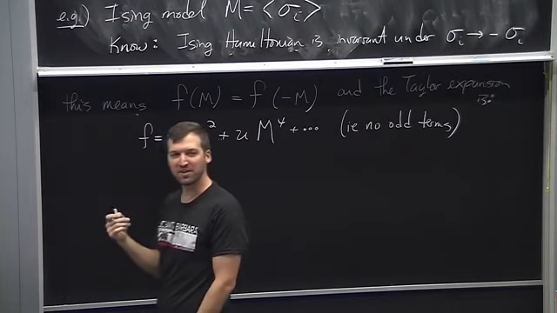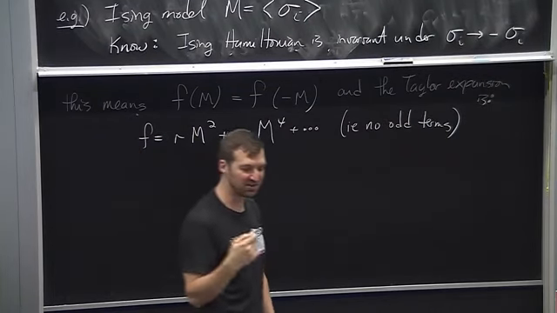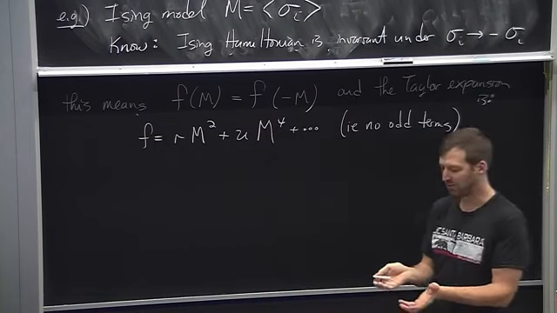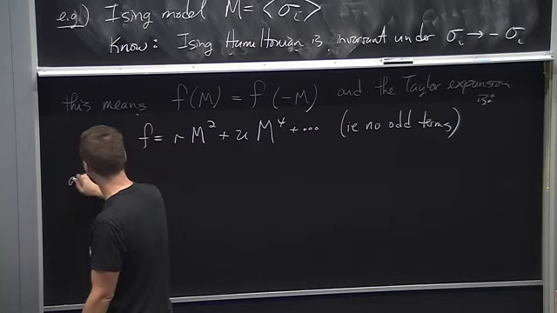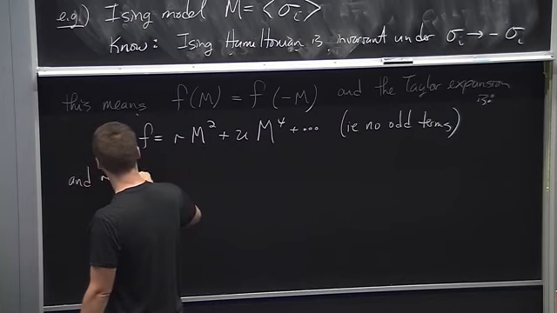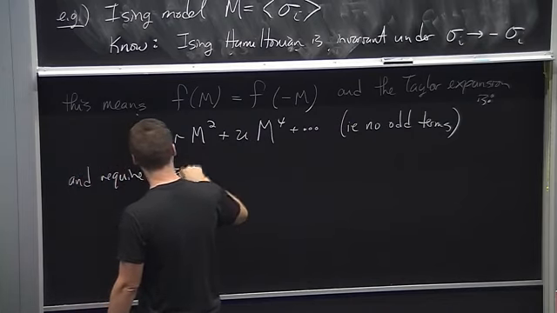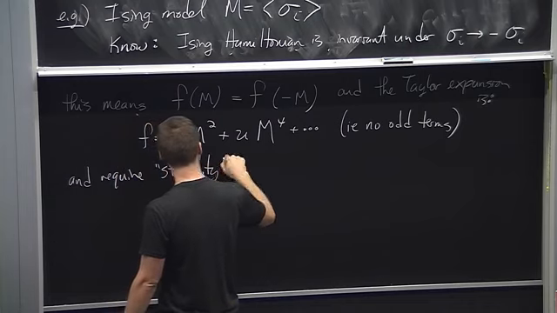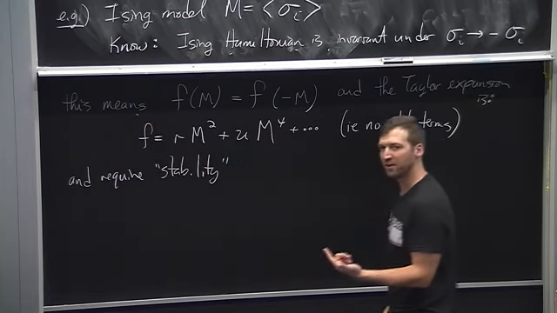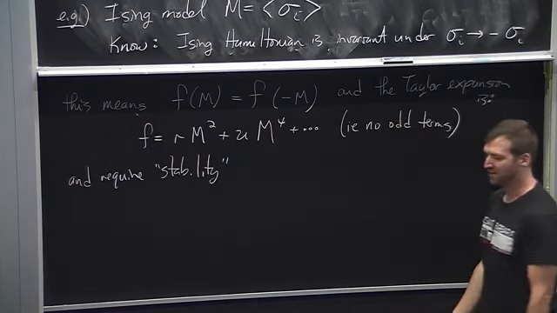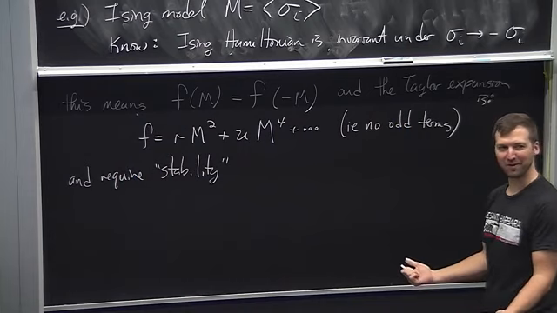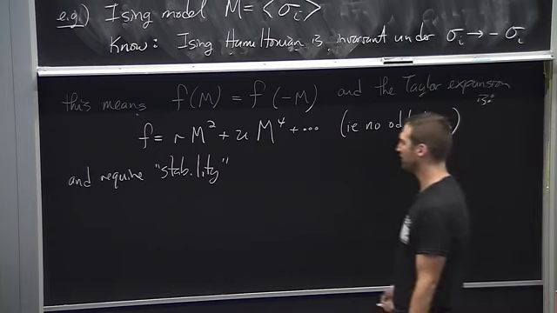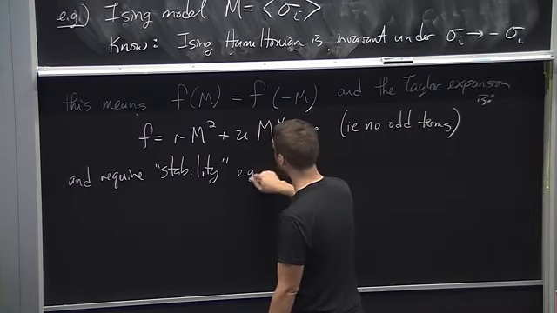So we stop the expansion when we know that our system is stable. And what stability means for us is that the free energy, as the order parameter goes to infinity, is positive. So we've already seen this.